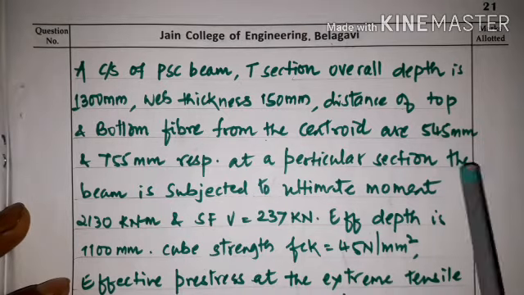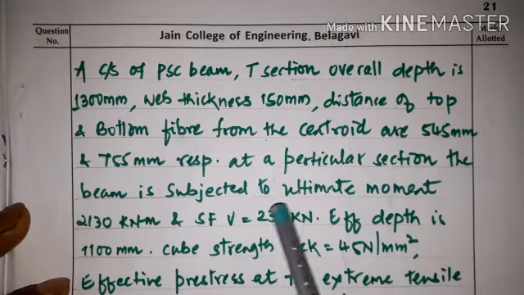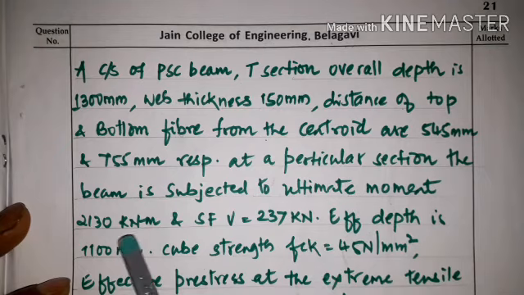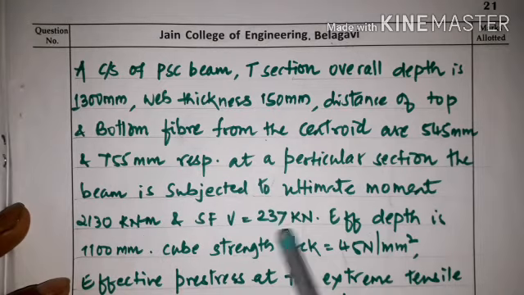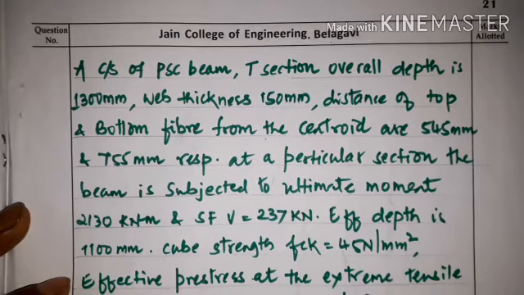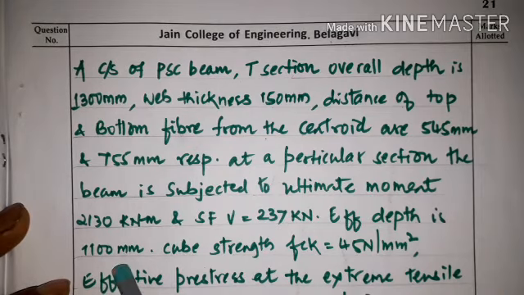At a particular section, the beam is subjected to an ultimate moment of 2130 kilonewton meter and shear force V is equal to 237 kilonewton. Effective depth is 1100 mm.